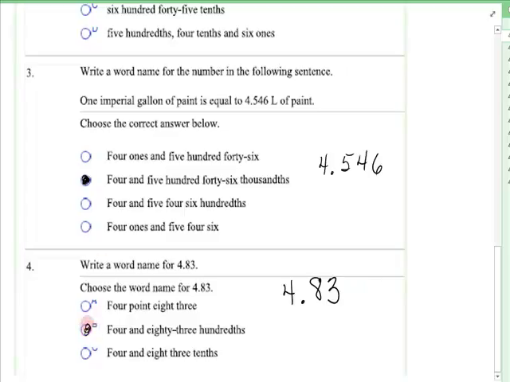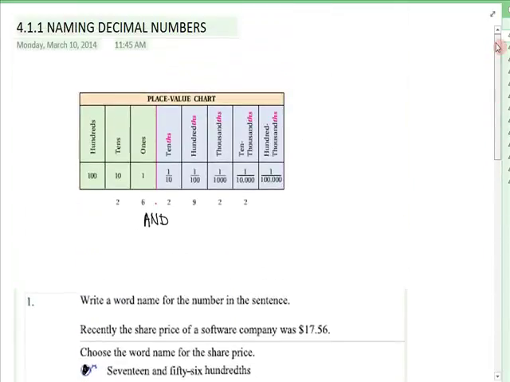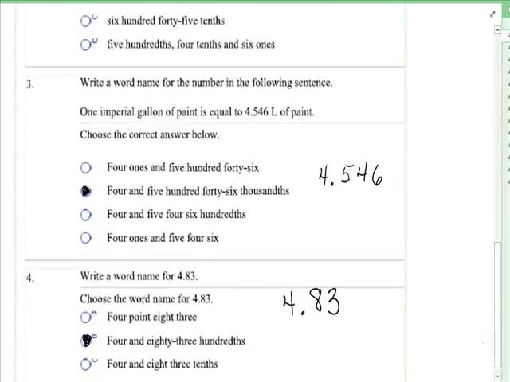It is choice B. Now, we didn't do very many of those, but please make sure that you are well aware that on the right hand side the first place is tenths, then hundredths, then thousandths, 10,000ths, 100,000ths. It would go on millionths, 10 millionths, 100 millionths, billionths, and so on. All right, do that very brief assignment.